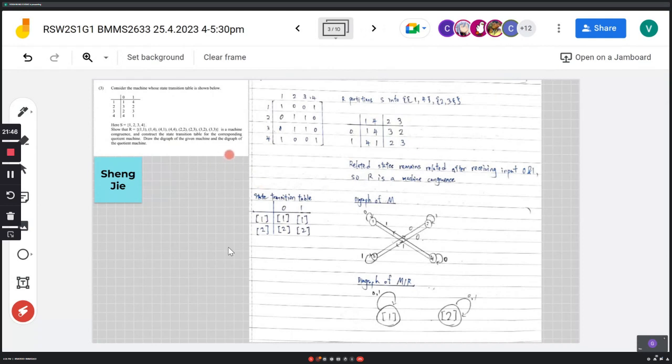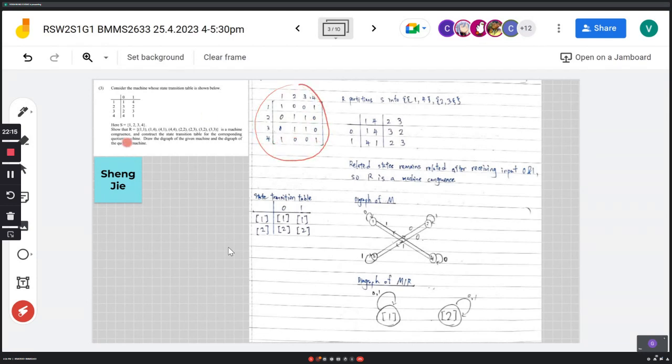Okay, so for this one, if you look at the relation R given, you can see that the relation is actually 1, 1, 1, 4, and then you have 4, 1, 4, 4. So if you convert to the matrix, you will get this matrix like this: 1, 1, 1, 4, and then 2, 2, 2, 3, 3, 2, 3, 3, 4, 1, and 4, 4.